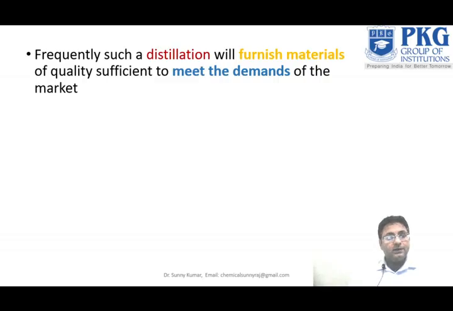If you provide thermal heat to the solution, at a specific boiling point a material becomes a vapor, and then these vapors can be cooled and separated in a chamber. So this is generally a boiling point based separation method for two or many mixed solutions.